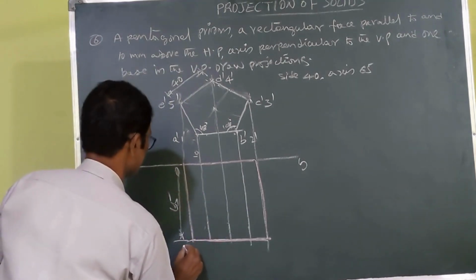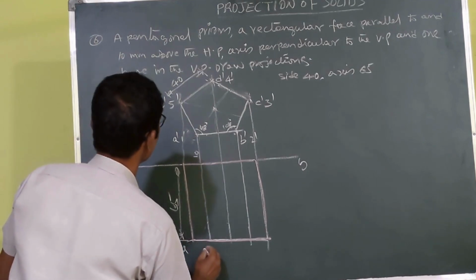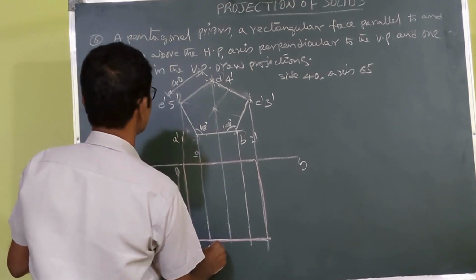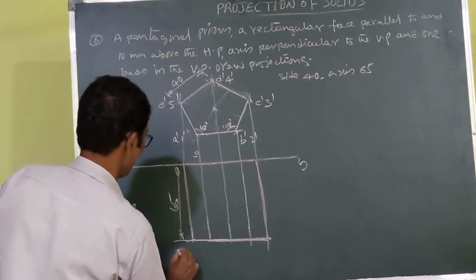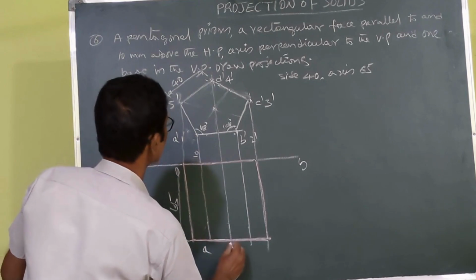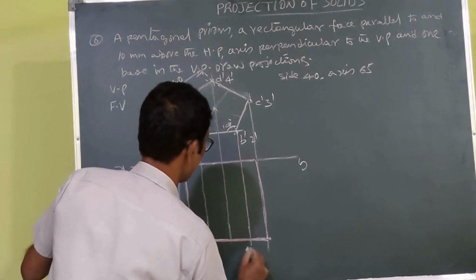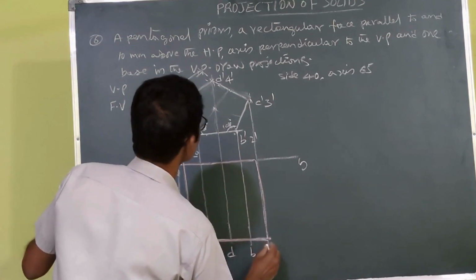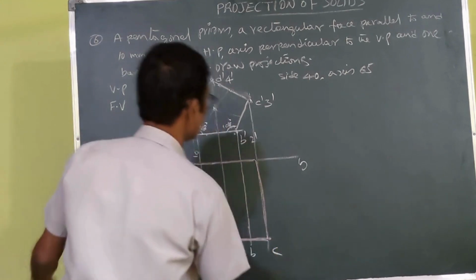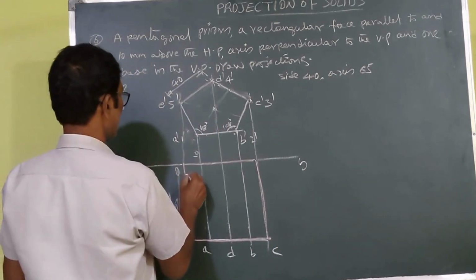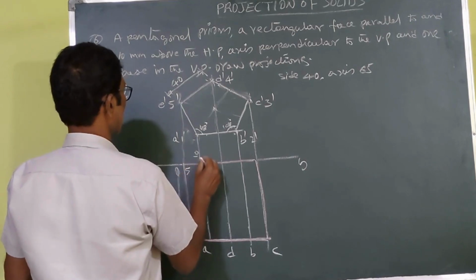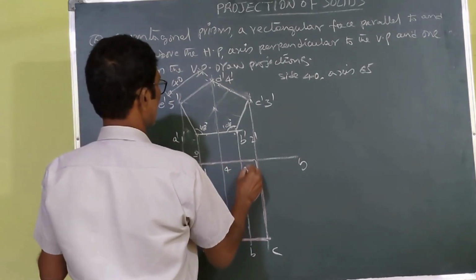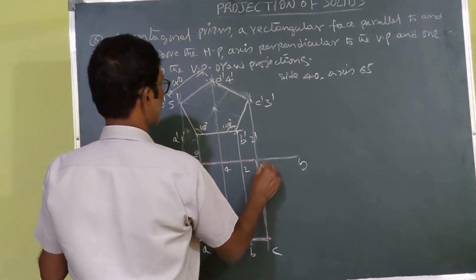Let us give the names. This is A, B, this is D, this is C. At the same time here, this is 5, this is 1, this is 4, this is 2, this is 3.